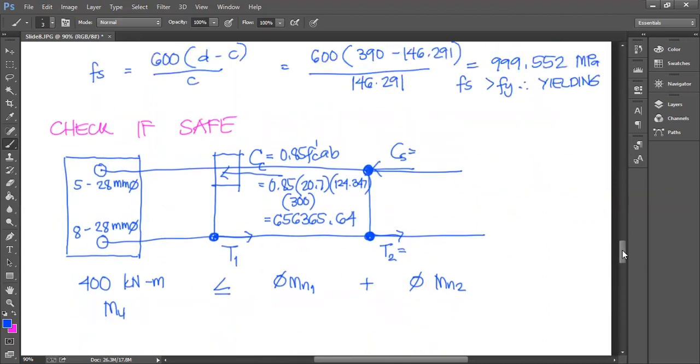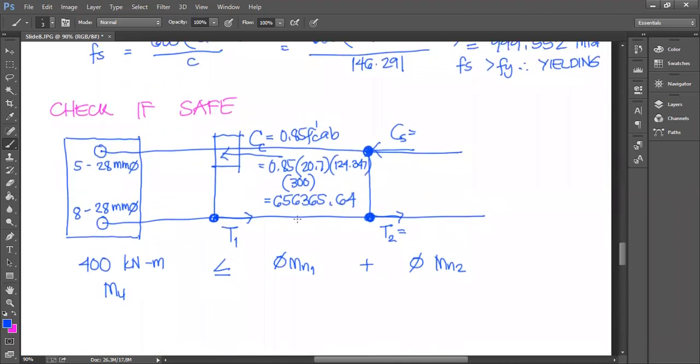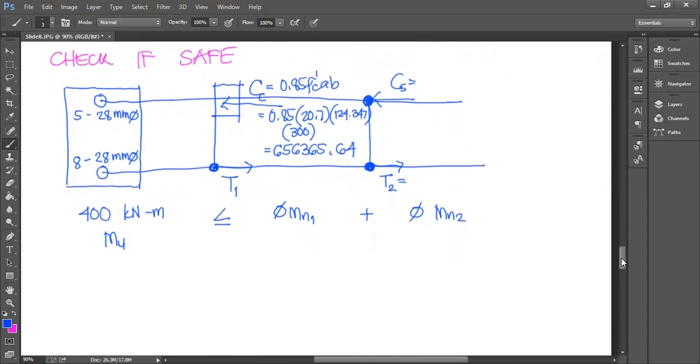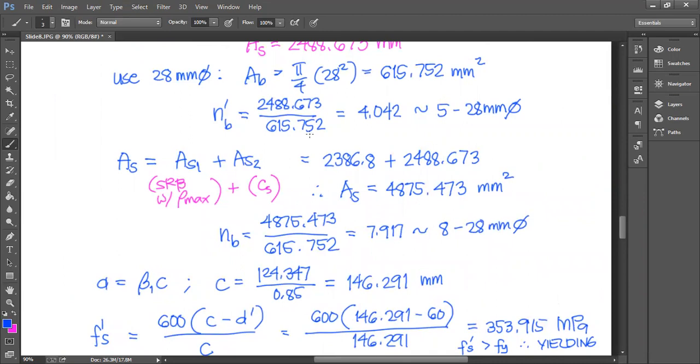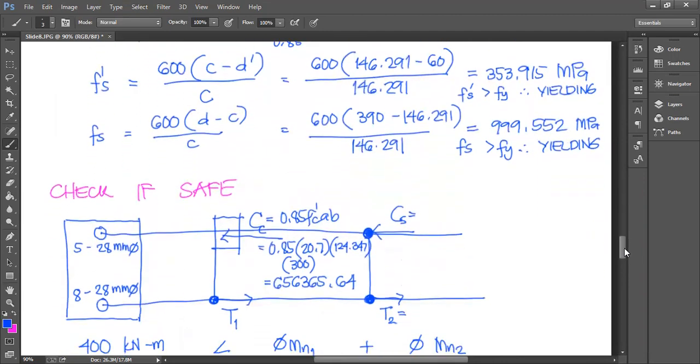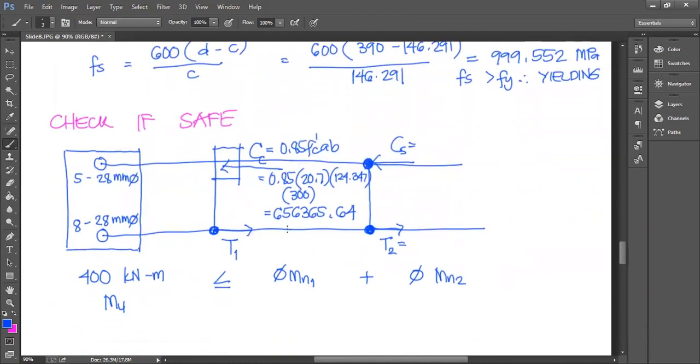Pero, kung mapapansin ninyo, medyo skeptical tayo na gamitin yung compression ng concrete because yung T1 and T2 nagkaroon ng change. Yung compression ng steel is nag-iba. Kung mapapansin niyo, yung 5 na 28 and yung 8 na 28 nagbago since medyo malaki yung naging improvement in terms of area. Ngayon, tingnan natin.